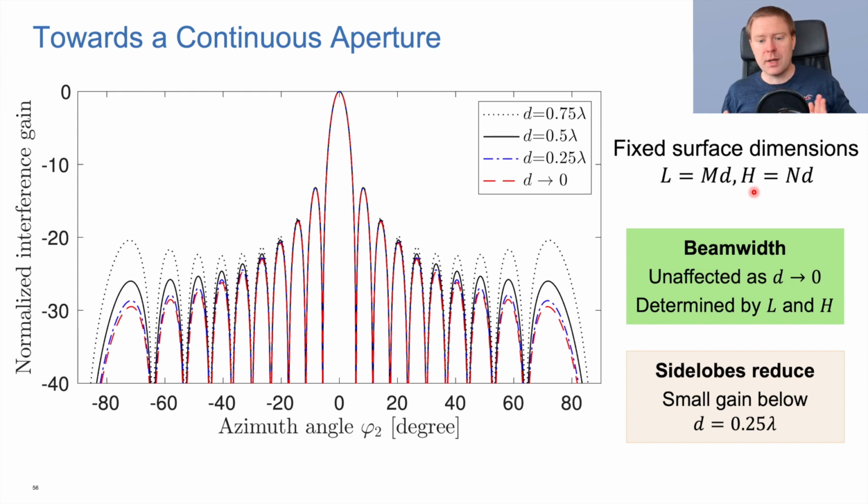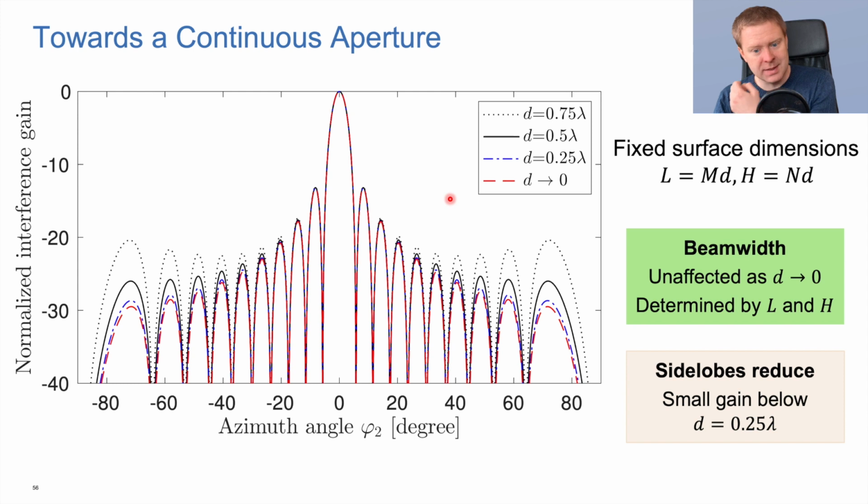So this is sort of a square panel. And I am considering different antenna spacings in different areas. So I have a distance between the elements which is 0.75 lambda, 0.5 lambda and a quarter wavelength, and then the expression that I get when the antenna spacing goes towards 0.